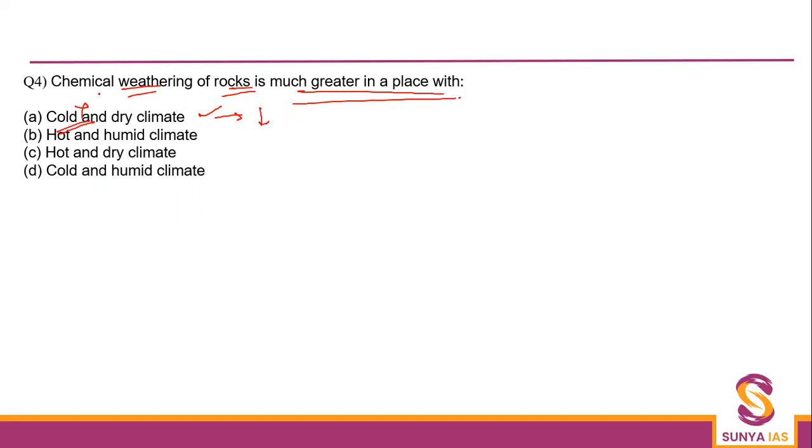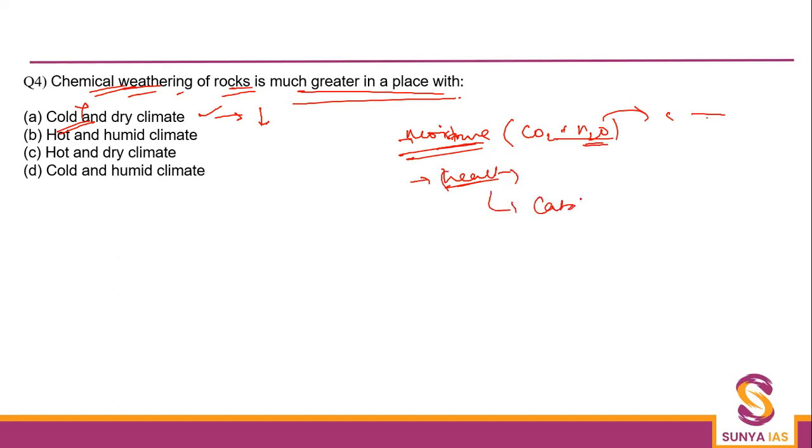When chemical weathering is taking place, you need moisture. We need some moisture and some heat. Moisture is required because, for example, carbon dioxide reacts with H2O and carbonic acid is formed. Though it is weak, water is required. Heat acts as a catalyst.